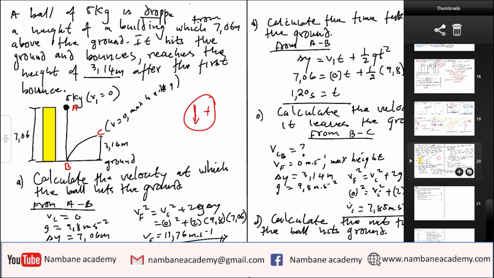Okay, but now we have the mass of 5 kg. What will be the acceleration? 9.8, sir. That will not be correct, because that a of Newton's second law is the acceleration of an object when it is moving horizontally. What about impulse?